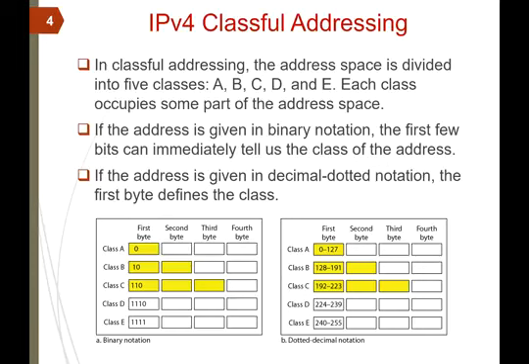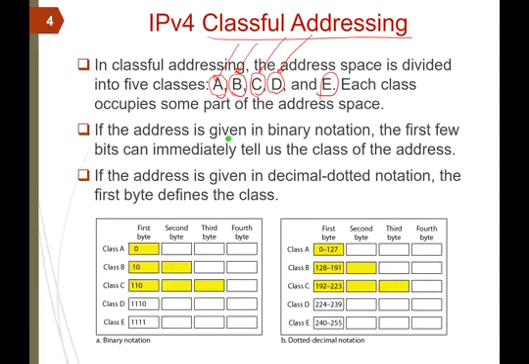As we mentioned before, we have two types of IP addressing, classful addressing. In classful addressing, we classify addresses into 5 classes: class A, class B, class C, D, and E. So in classful addresses, addresses have 5 distinct classes.